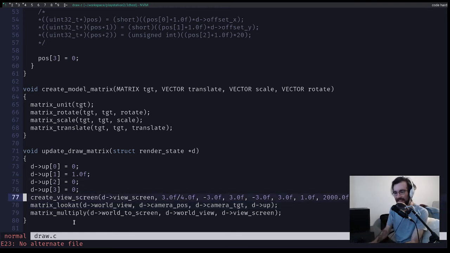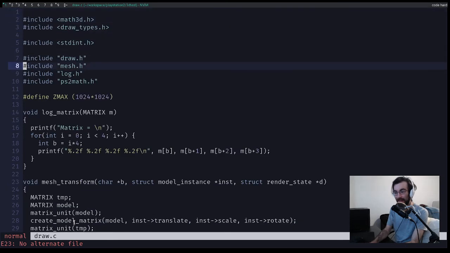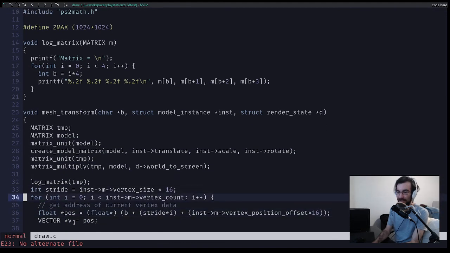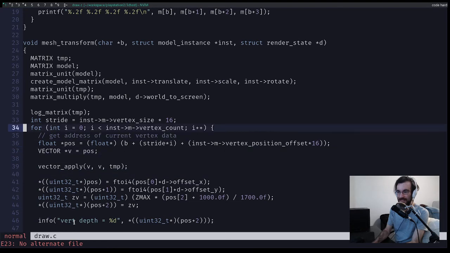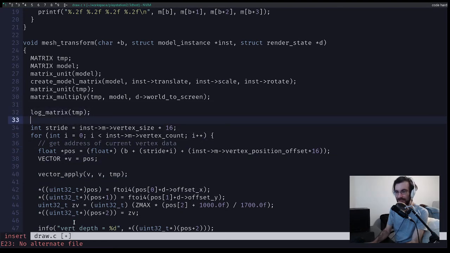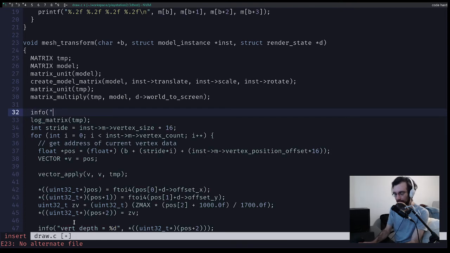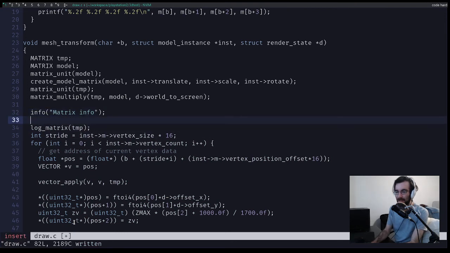So the other thing worth thinking about is logging, right? When we come in, maybe we need to actually log more matrices. Maybe more logging is the answer here. So let's log in order. First off, let's log a quick line. We'll start by logging the world to screen, so the view projection part of our model view projection matrix.